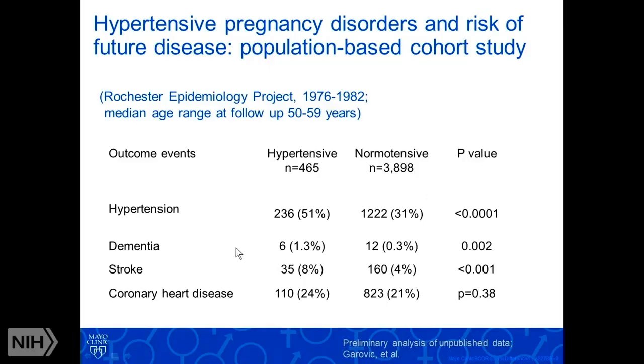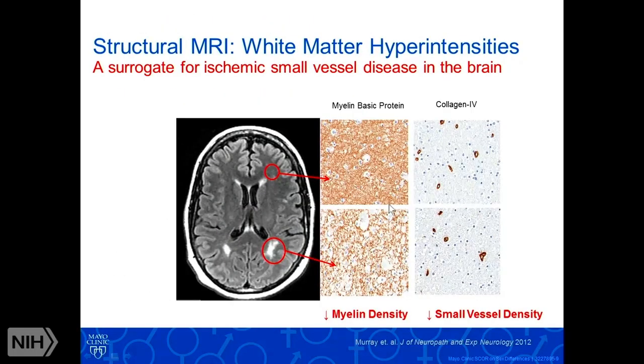So related to future hypertension, we also see two conditions which affect the brain. Let's look at how this might be manifested in the brain in terms of small vessel disease, using structural MRI, magnetic resonance imaging, of white matter hyperintensities. We're using this as a surrogate for small vessel disease in the brain.